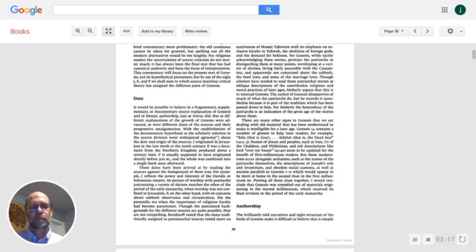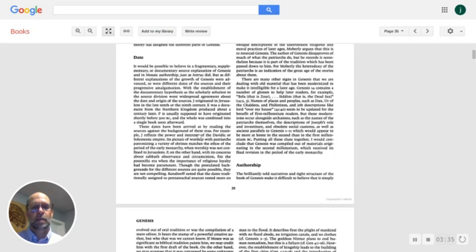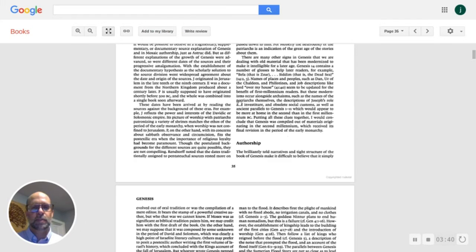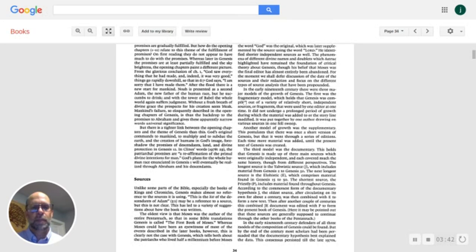As you have different groups writing, they're writing different editions or using old stories and reincorporating them. That's important to understanding the meaning of the story and what they wanted their audience to understand. Erdman's has a nice section about the dates when Genesis was written. And then finally, authorship, which is a little synopsis of what we saw up in the source section.